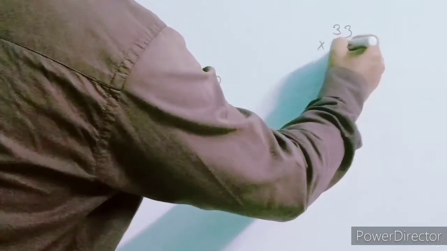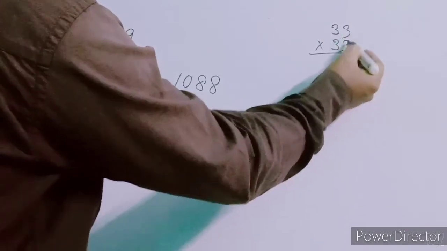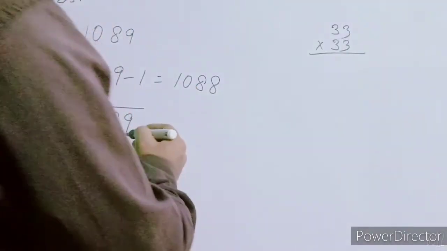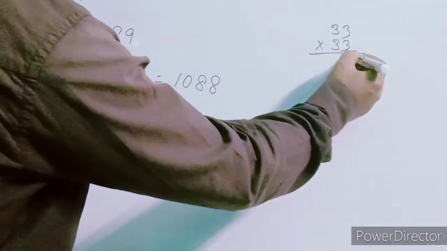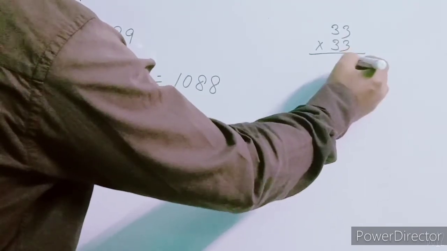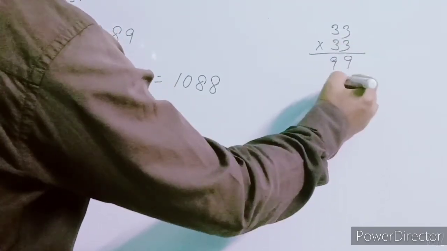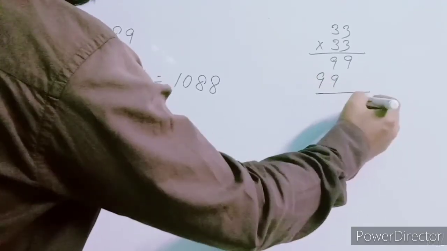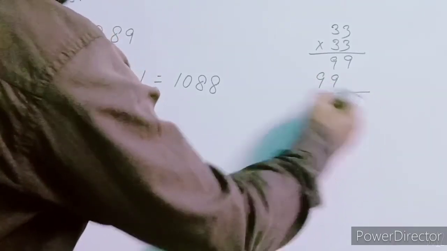You know what is the reason to choose these two numbers? Because of the multiplication of unit places, 3 3s are 9, this 9 we are getting. Let us try the multiplication. 3 3s are 9, 3 3s are 9, 3 3s are 9. Add it, 9, 18, 10. We are getting this.